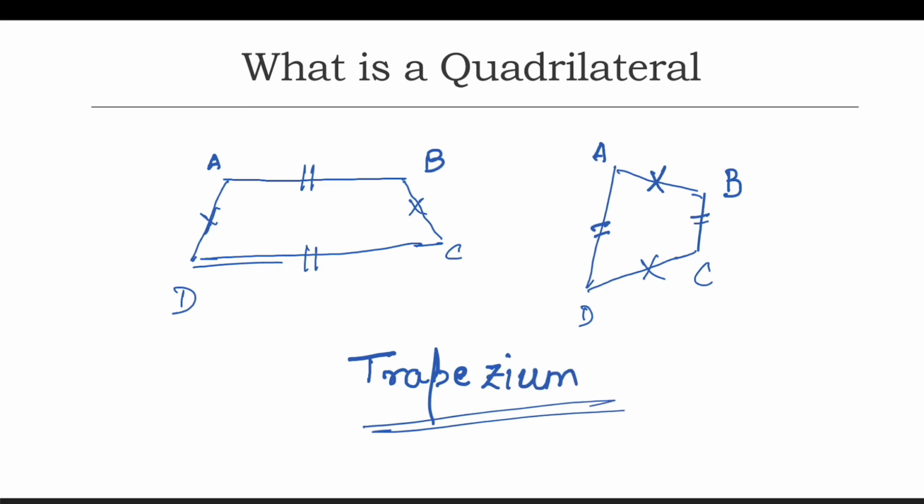This is called trapezium. So trapezium is a type of quadrilateral where two sides are parallel to each other. The remaining two sides are not parallel to each other. So that's trapezium.